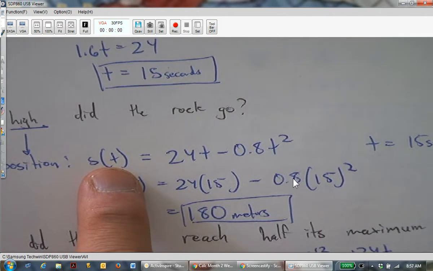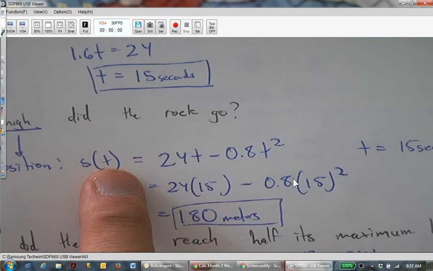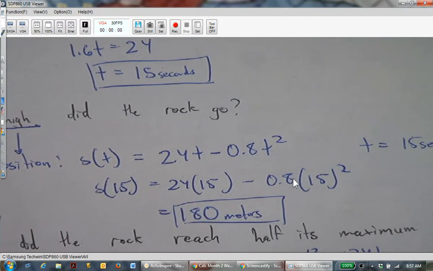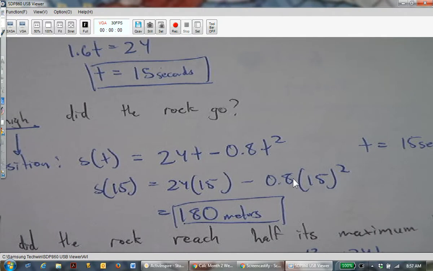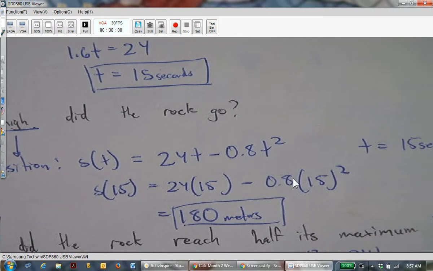It doesn't tell you the distance traveled. I'm making that mistake right now in my head. It tells you just where you are in that instant. So you could be at position 180, and then 1 second later, you have a lower value. It just means you're at position 160 meters. Does that make sense?